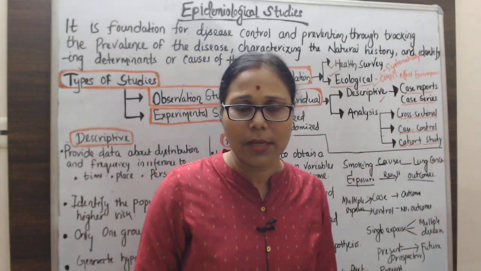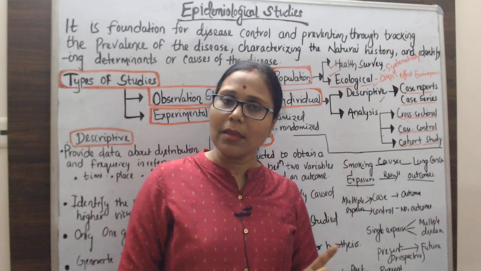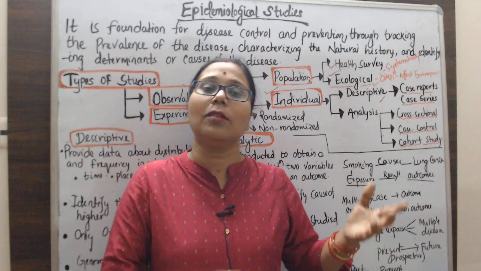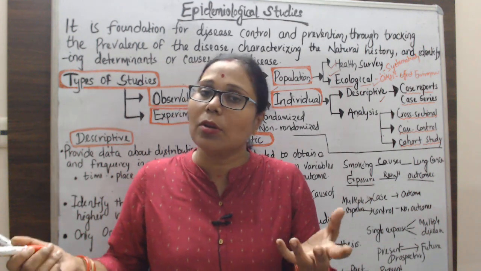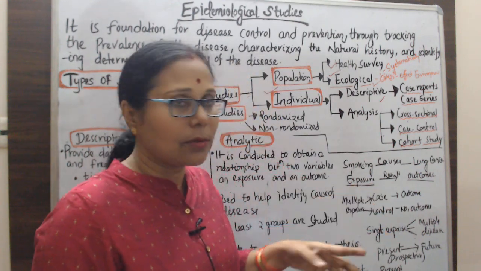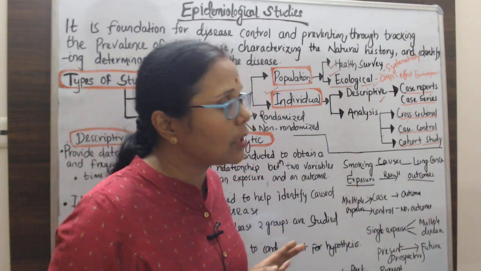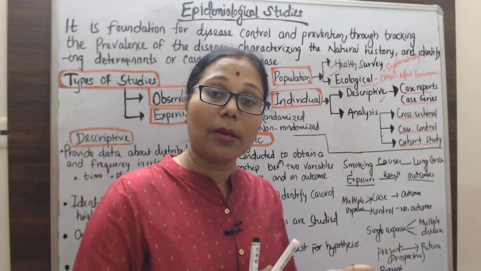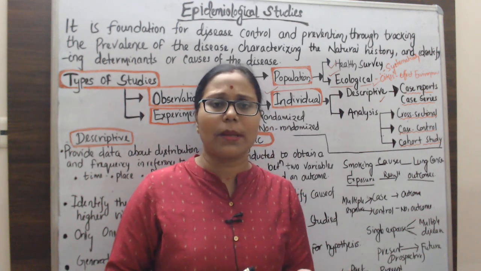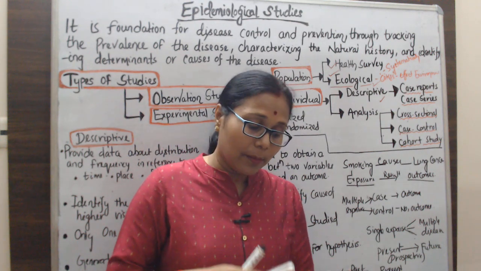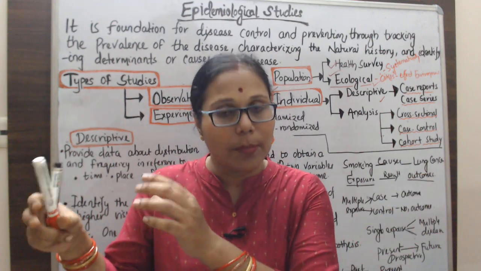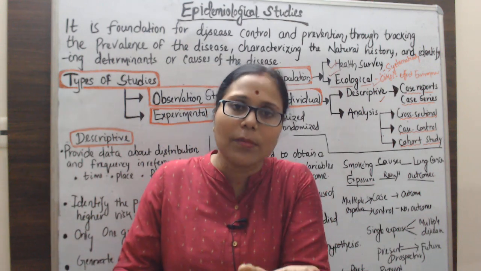In a case and control study, there are two groups. One is case, another is control. Who are the cases? Those who already have the disease like lung cancer, and the controls are those who don't have the disease of lung cancer. So here we take two groups, and they have multiple exposures. They have the habit of smoking, they have obesity also, and they have tobacco chewing habits also. So multiple exposures are there, but for outcomes, we see disease in the cases, meaning few of them have the disease.